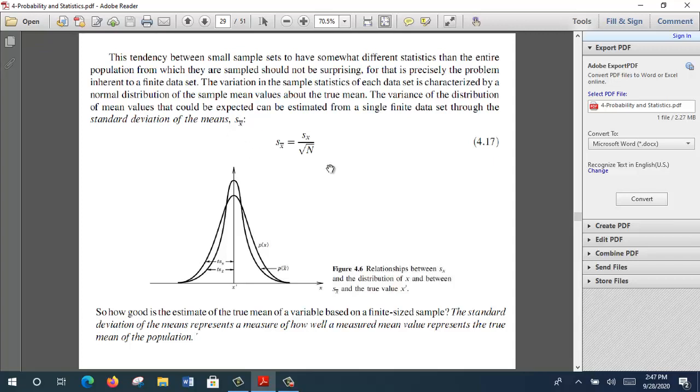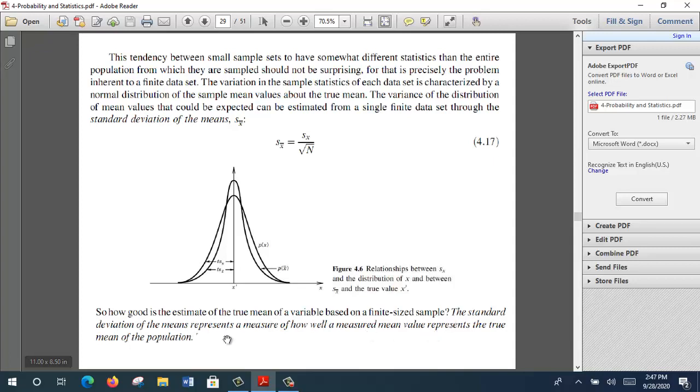So for the different mean values, you calculate the variance of the distribution of the mean value for a single finite data set using this kind of formula. When you have your x here equal to x bar, your standard deviation is divided by the square root of the total number of data points. Okay, so figure 4.6 shows how good the estimate of the true mean of the variable is, based on a finite size sample.